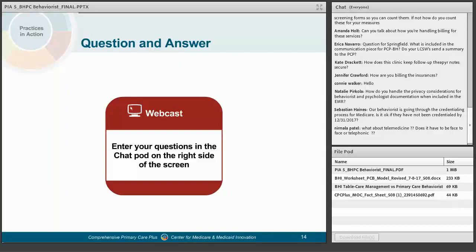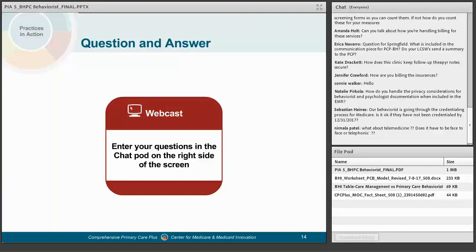So if there are patients who have significant trauma or more significant mental health issues where it would be more appropriate for the documentation to be private, we will refer them either to one of our co-located therapists or we'll refer them out for specialty mental health services.